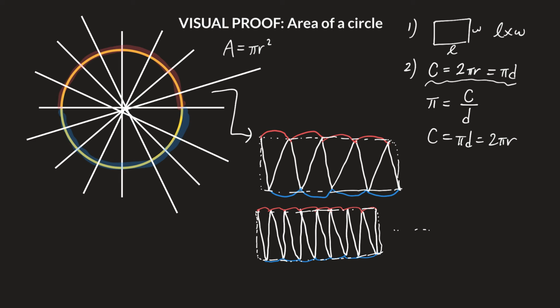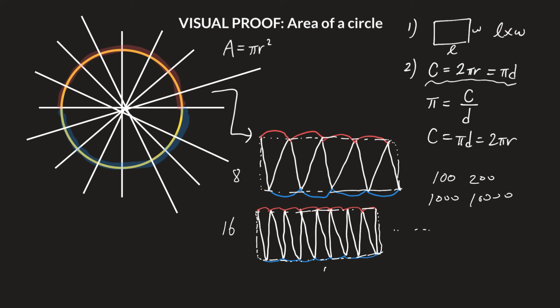What if instead of 8 or 16 slices, we were to divide the circle into, let's say, 100 or 200 or even 1,000 or 10,000 slices? What would happen if we divided it into 10,000 slices and then rearranged it?